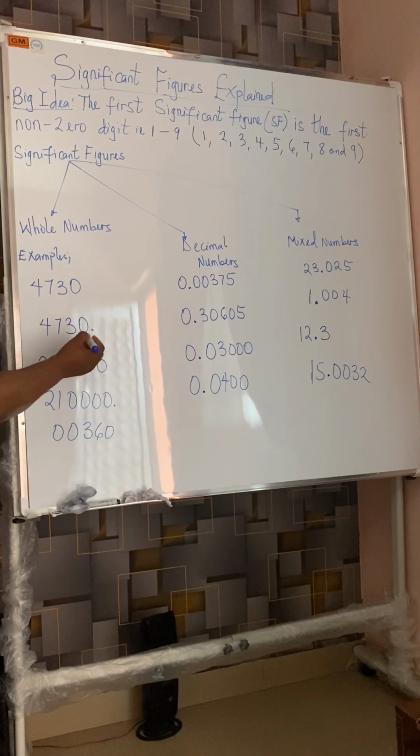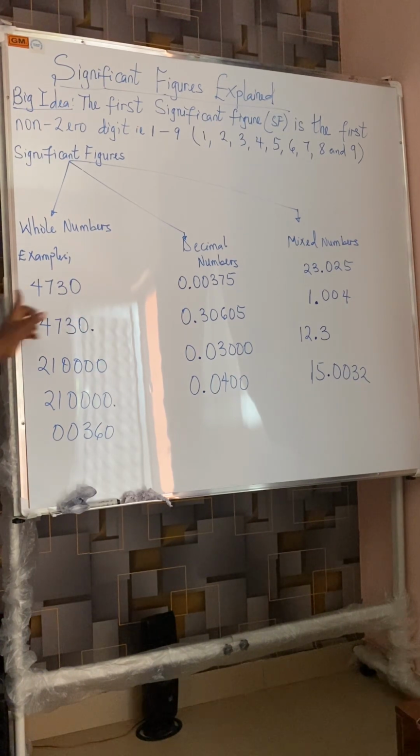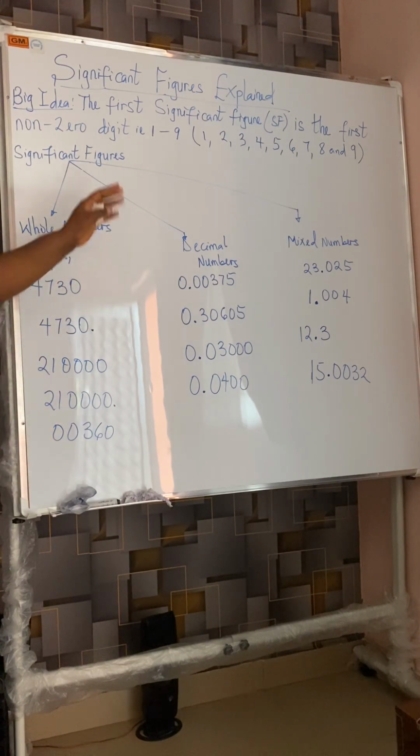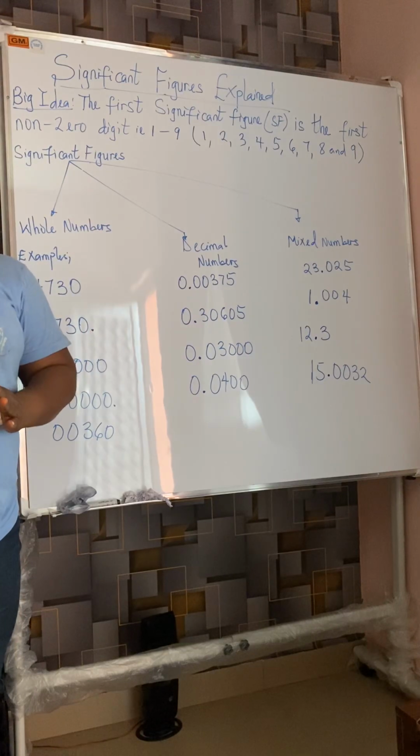There is a visible decimal notation here, and there is none here. So if you're asked how many significant figures you have here, please remember we said that the first significant figure is the first non-zero. And what we mean by non-zero is numbers from 1 to 9.